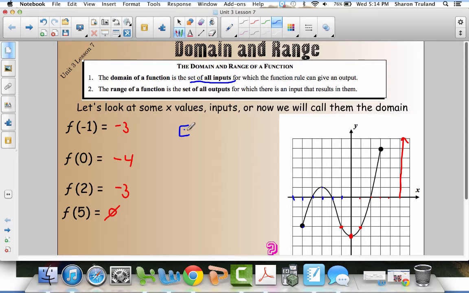So -5, and notice I used a square bracket, was the lowest thing we inputted, and we got an answer back. 0 got an answer back. 1 got an answer back. 2 got an answer back. 3 got an answer back. 4, oh, all the way up to 3. That's my domain.